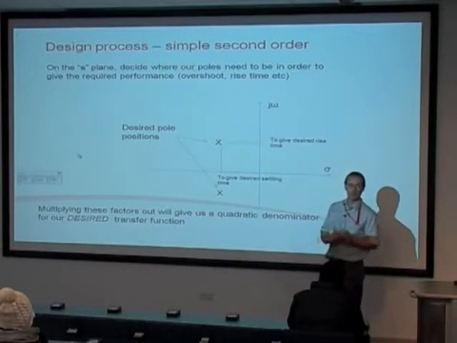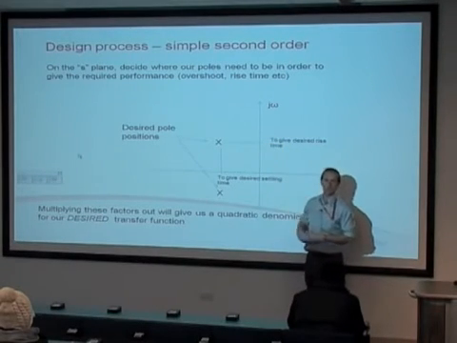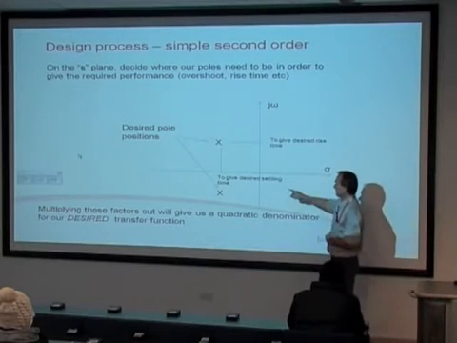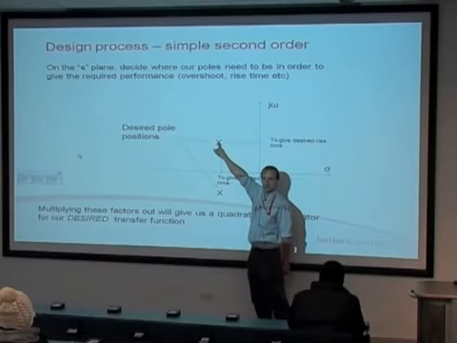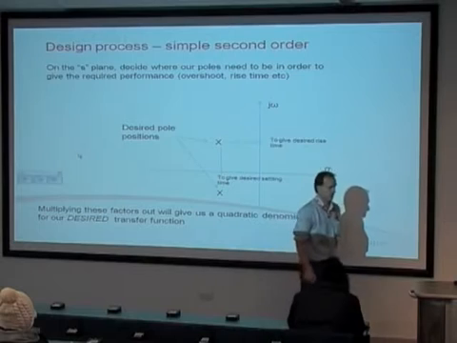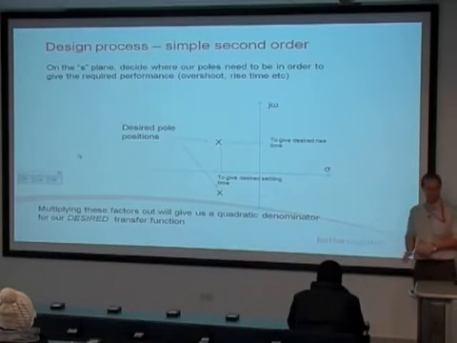And a rise time of 1 second, you can relate to omega d, which is the vertical position. What that lets us do is pinpoint where the pole has to be, and its complex conjugate will be just down there. So that's something that we should be able to do.